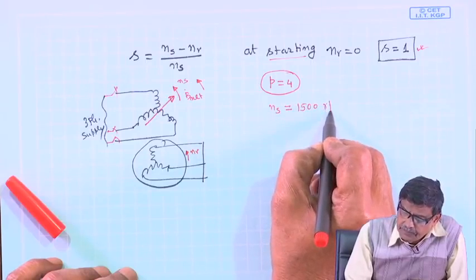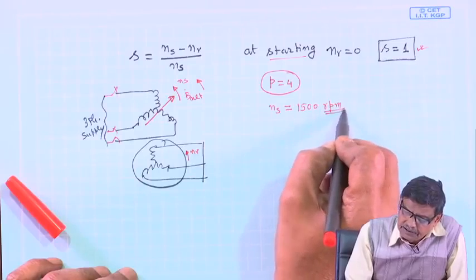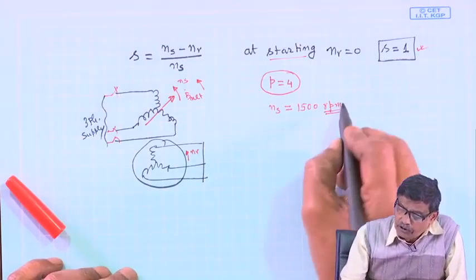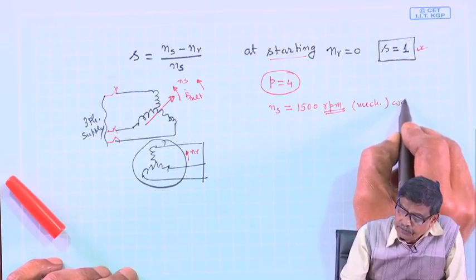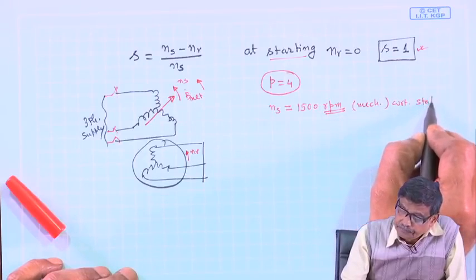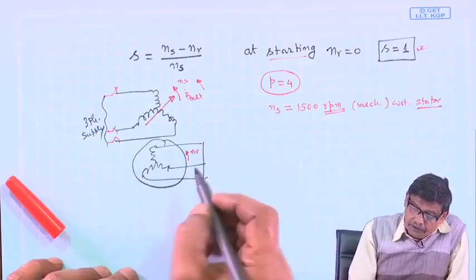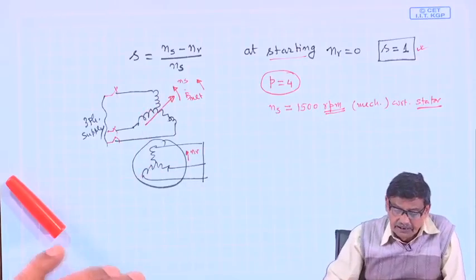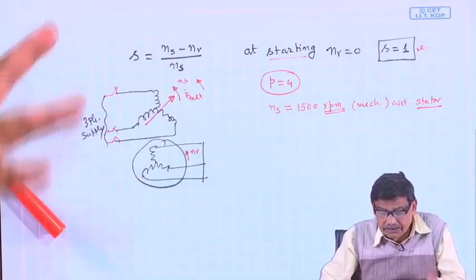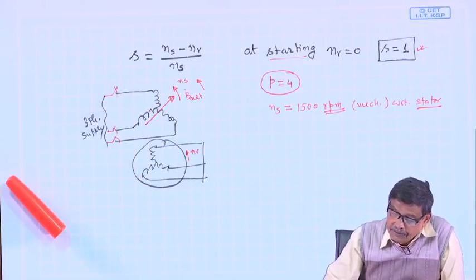I gave you a table, 2f by P etcetera, you get, and all are mechanical speed and with respect to stator. It will move in the anticlockwise direction, as I have shown, the phase sequence I have chosen that way.